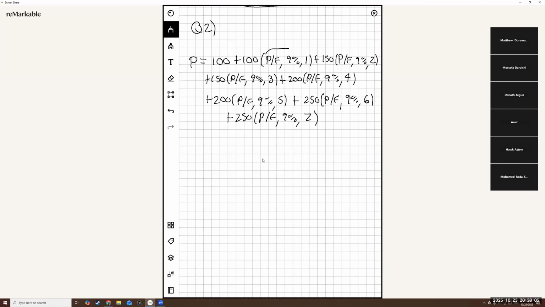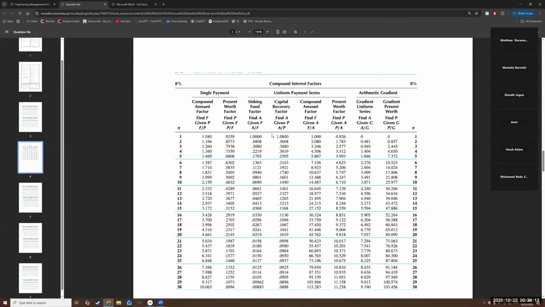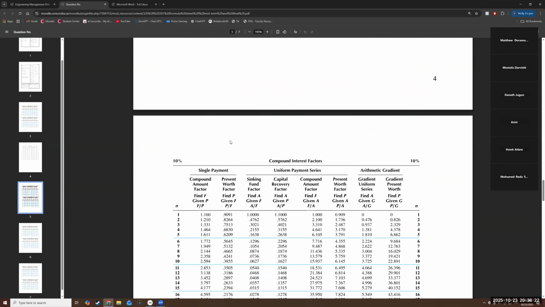For this term over here, with a P slash F 9% for 1 year, one term, I'll take the value of P slash F for one term of 8%, and I'll take the value of P slash F for 1 year for 10%, and I'll take the average between the two, and that will give me my answer.